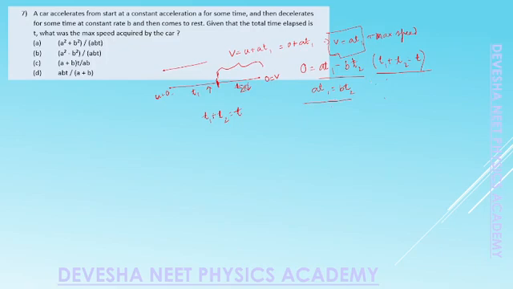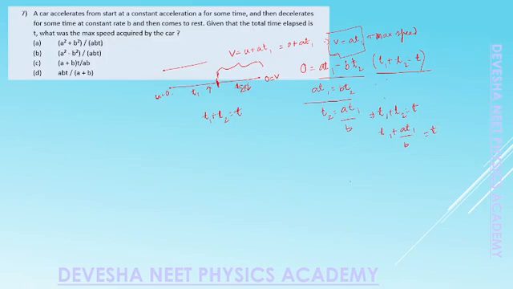So it means t2 is equal to a t1 by b. Since t1 plus t2 is equal to t, it means that t1 plus a t1 by b is equal to t.